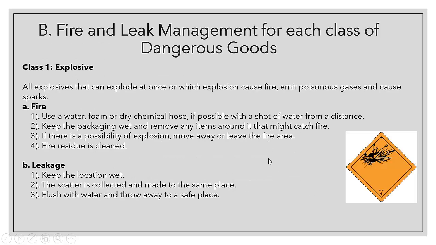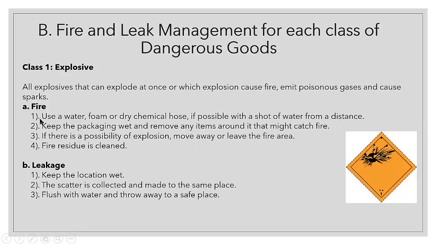So this is the second topic. We are talking about fire and leak management for each class of dangerous good. Class 1, explosive. Of course, explosives can explode at once, or cause fire, emit poisonous gases, and cause sparks.